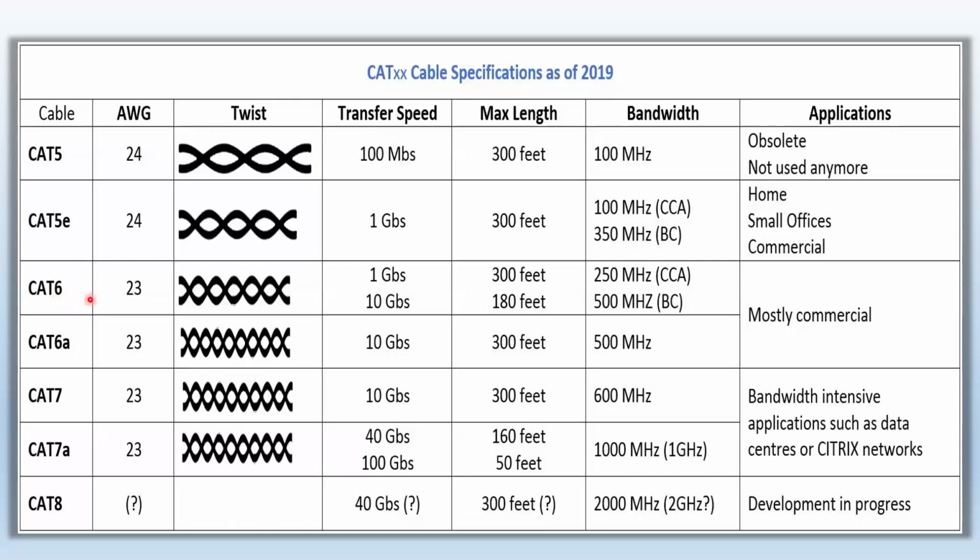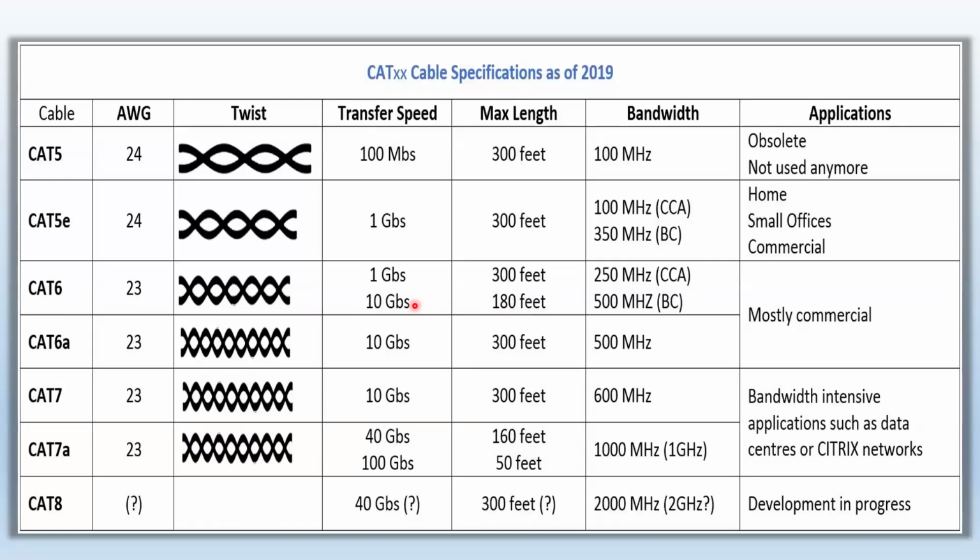Well, just as long as you understand that if you want the benefits of Cat6, then you're going to have the runs of no longer than 180 feet when you want to get the 10 gigabits signal transfer through that cable.